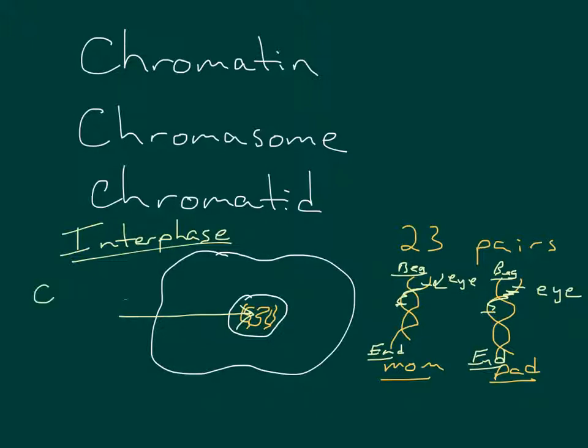That's what chromatin is. If you want to describe it, it would be grainy, it would be stringy, that kind of thing. But it's all unwound, and it's being used. We'll talk about how DNA is used and how it controls the cell. But when it's being used, it has to be unwound. Okay, so that's chromatin.